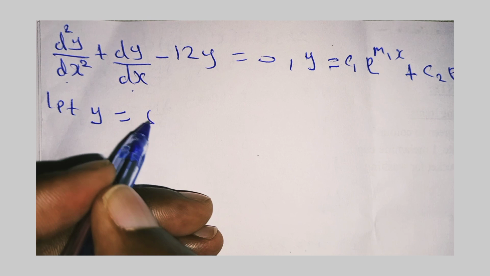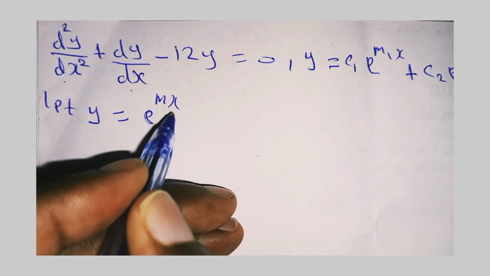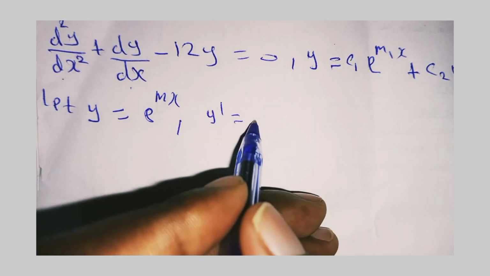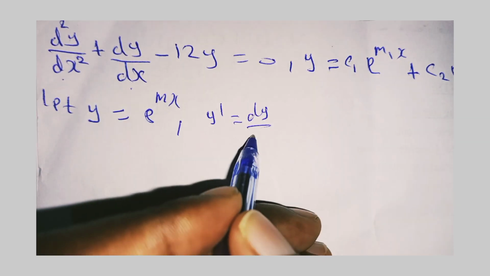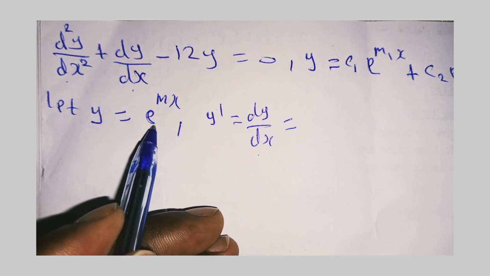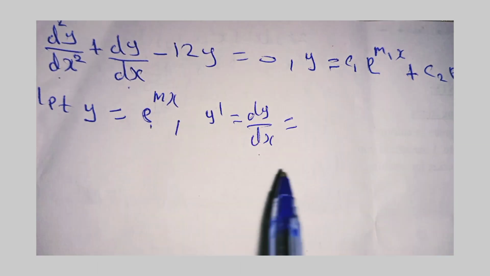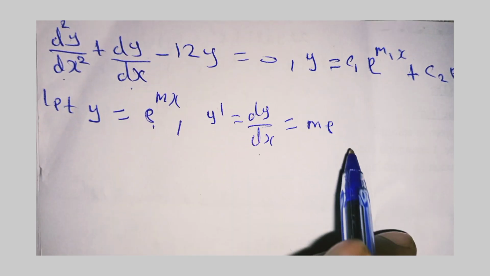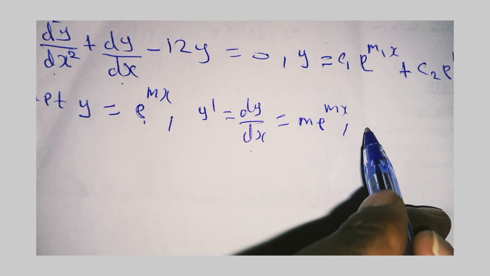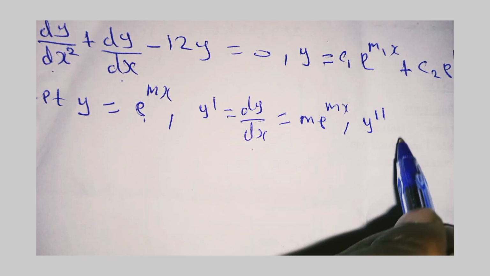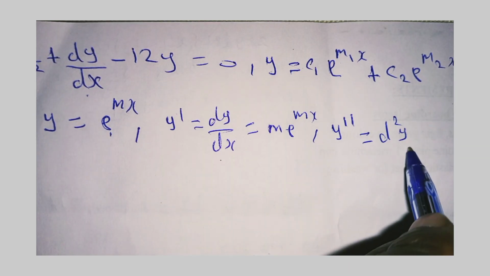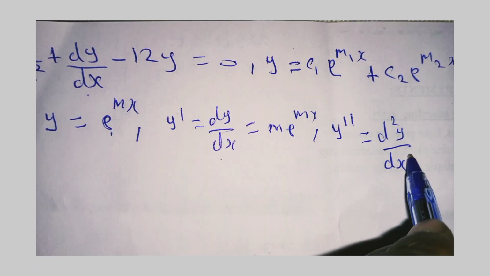y to be equal to exponential mx. Then from here you get your y prime, which is the same as dy over dx. When you differentiate exponential mx, the result is m multiplied by exponential mx. Then y double prime, which is the second derivative of y with respect to x squared.